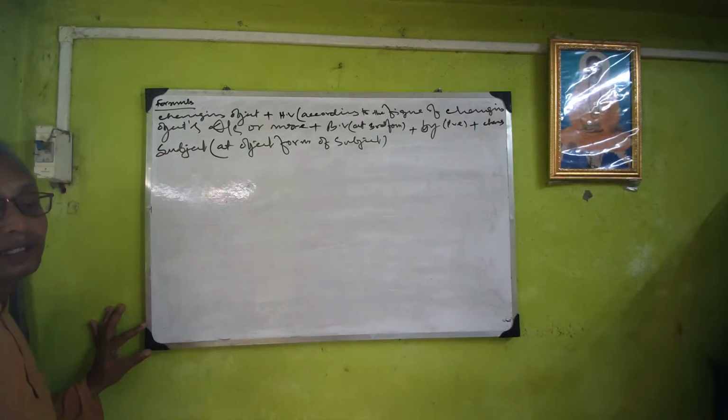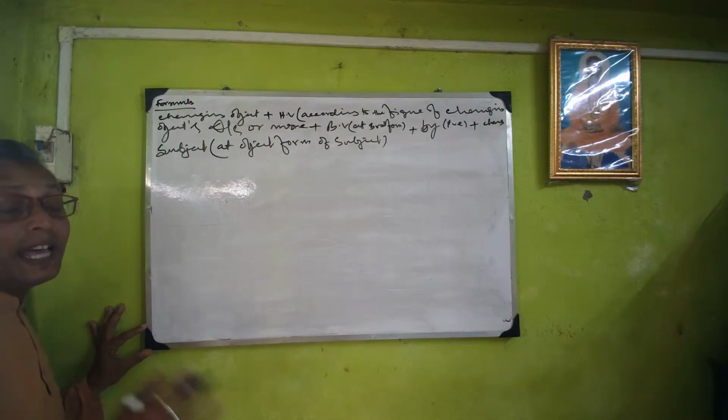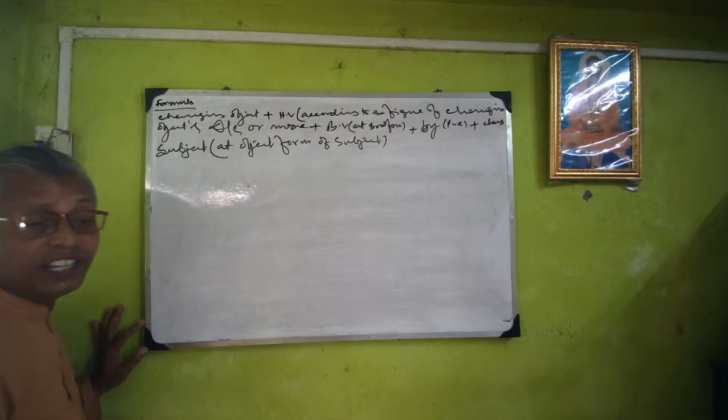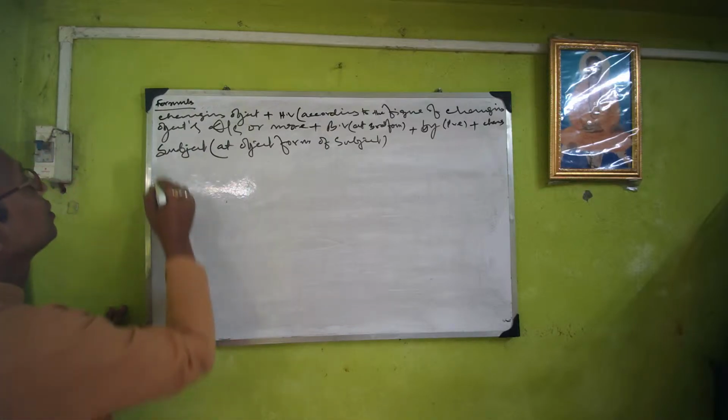It is the formula. We shall have am being, is being, are being as HV.